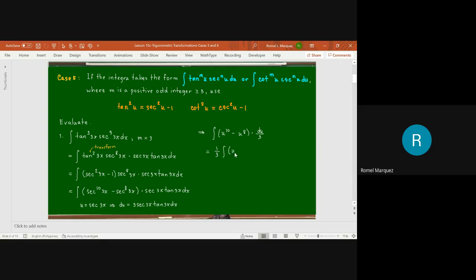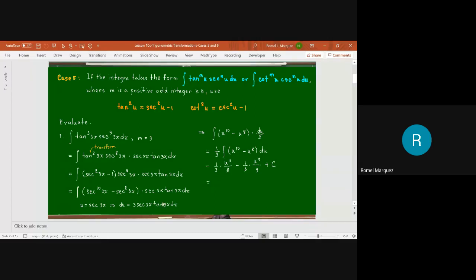So we have u to the 10th minus u to the 8th du. What is the integral now, guys? 1/3 times u to the 11th over 11 minus, I have to multiply also that by 1/3 times u to the 9th over 9 plus c. Of course, I have to put it back in terms of its original form.